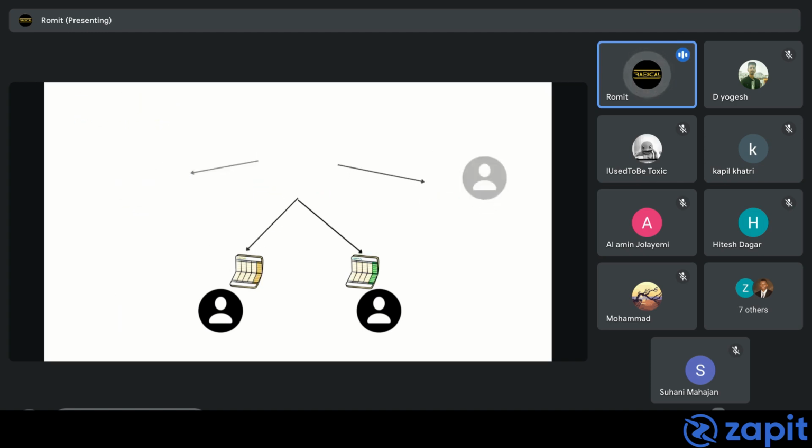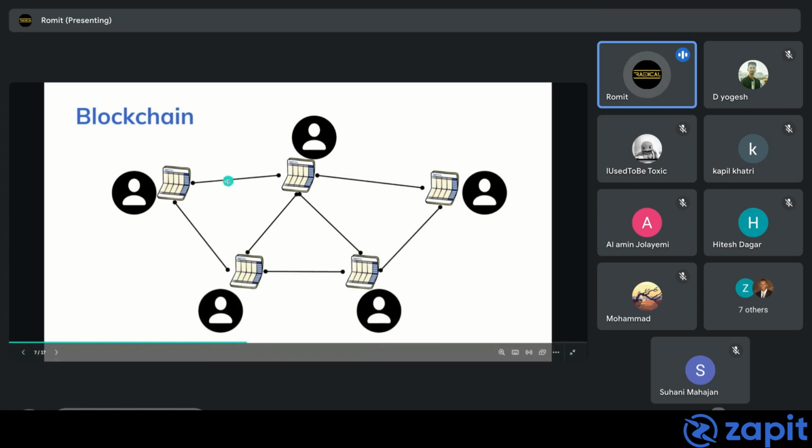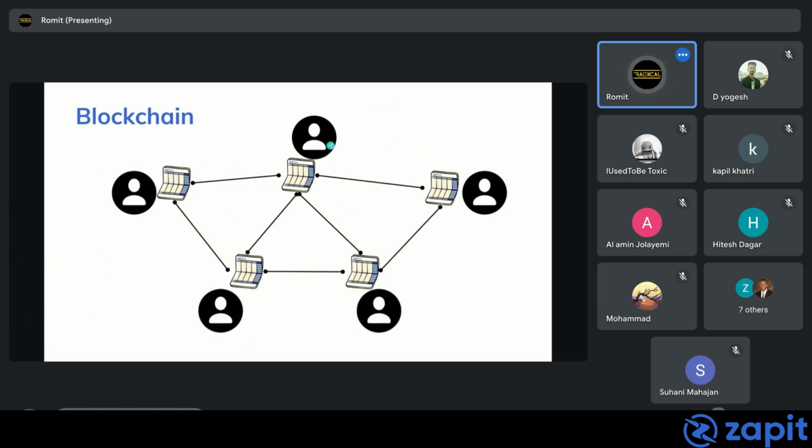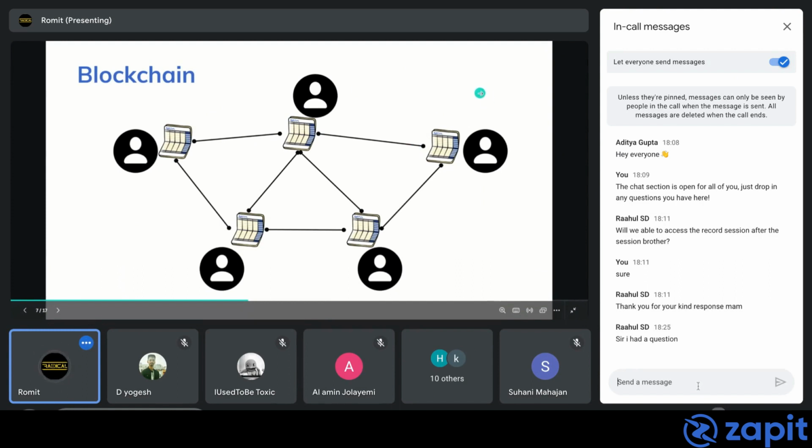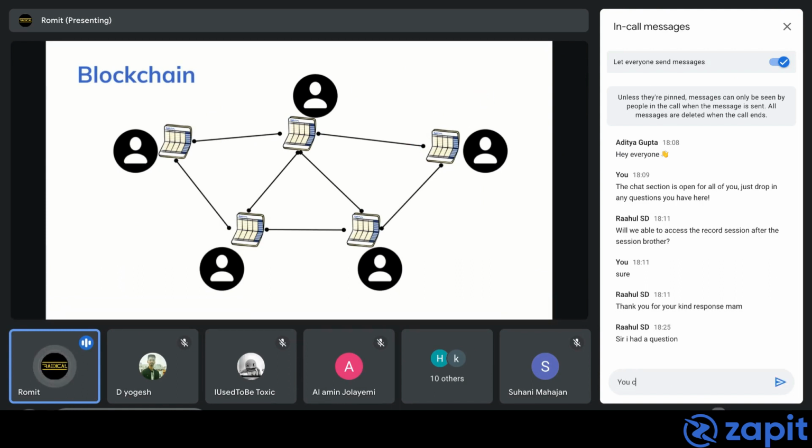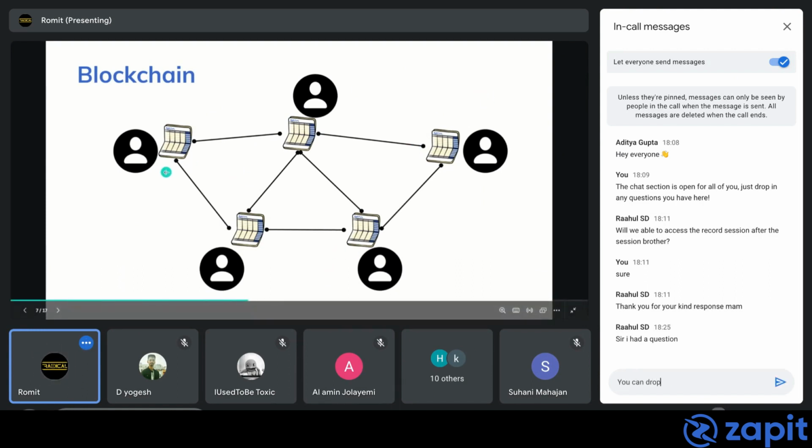But the basic thing we all have to remember is that everybody involved in, let's say, the Bitcoin system has a copy of all the Bitcoin transactions. And when you make a transaction, you are actually requesting everybody to update their books. The reason it's called immutable is because everyone's copy has to match.